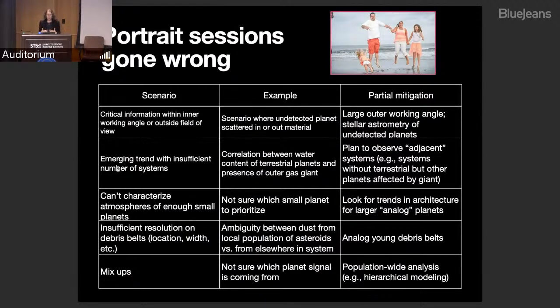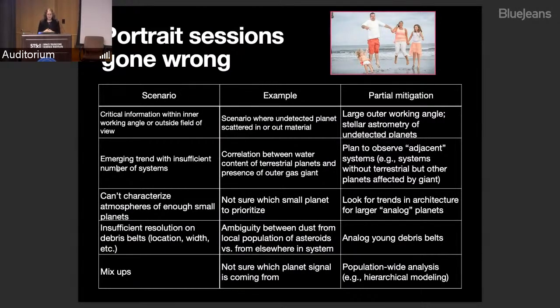So it'll be really helpful to have a sample of young debris belts that are more massive and easier to characterize. Although things might change from those young systems to later on, I think they won't change dramatically enough that we still can't get a sense for where debris belts are when we use that younger sample.